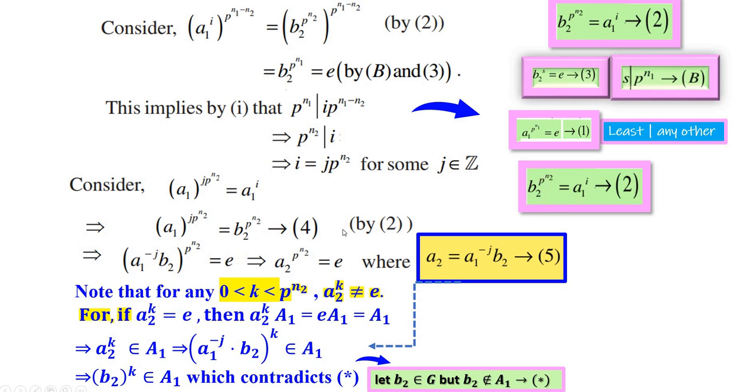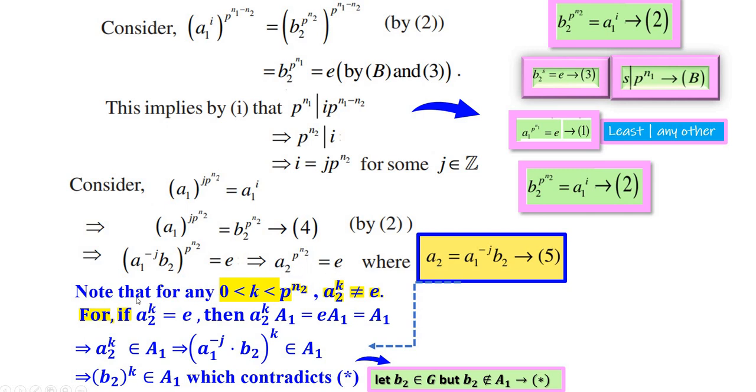So a1 raised to j into p^n2 being this, we collect the same powers so that you have (a1^(-j) b2) whole thing raised to p^n2 to be the identity element. Now for convenience sake we shall denote this element as some a2, and name this equation as phi. So a2 raised to p^n2 is e.